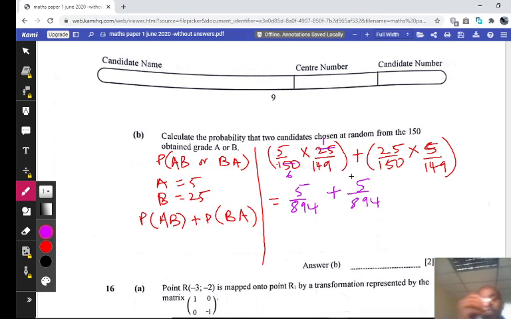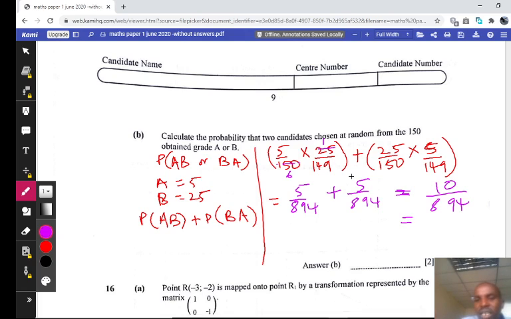Since the values are the same, just add the values on top, so it will be 10 over 894. If you simplify this one, 10 over 894, what do you get? You can simplify by 2.